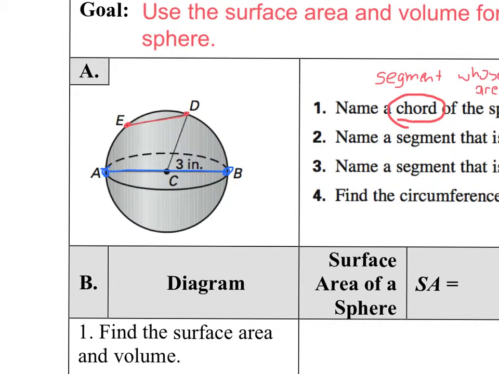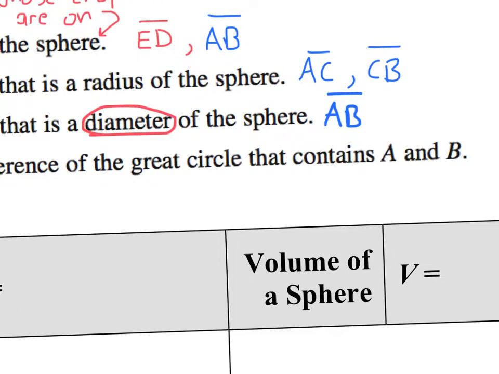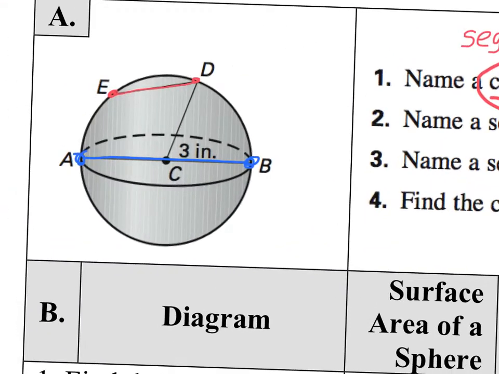All right. Next, we're going to find the circumference of the great circle. We've already defined great circle, but we need to define this as well. A great circle is the largest possible circle on the sphere. It's kind of like as if you put a rubber band around a ball. And where does that rubber band live?